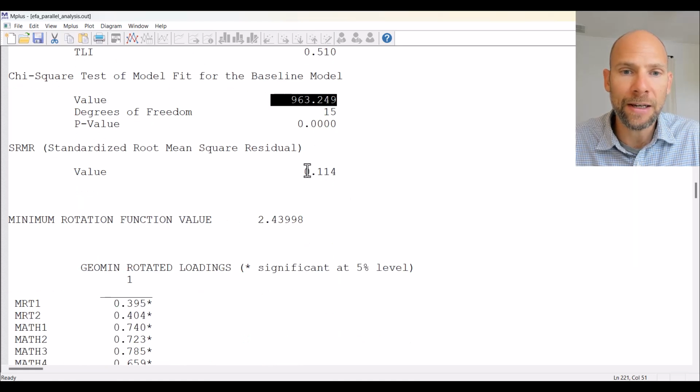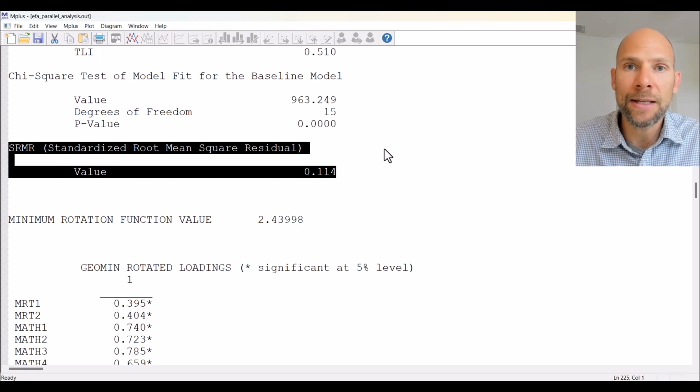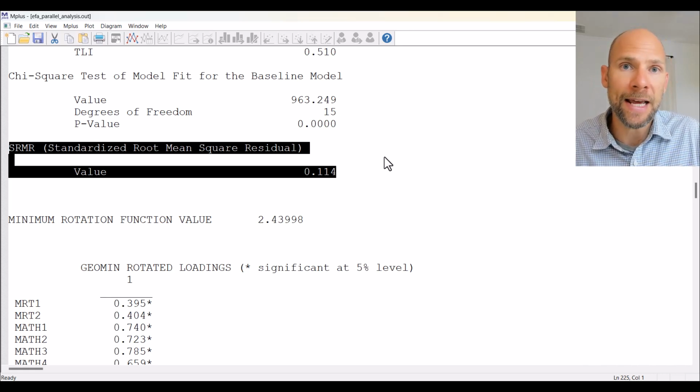And then finally, the SRMR value is given here. This is a fit index that summarizes the residuals, meaning the discrepancies between the observed correlation structure and the model-implied correlation structure in a single standardized measure. A common rule of thumb for that is that it should be smaller than 0.05, which here it is clearly larger.